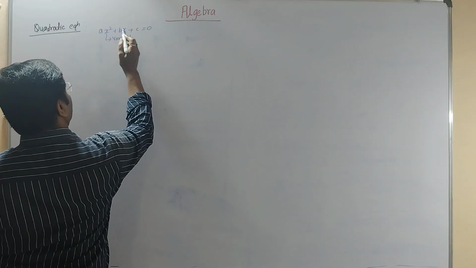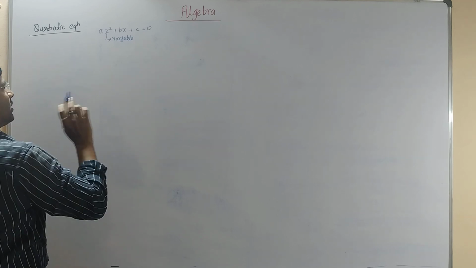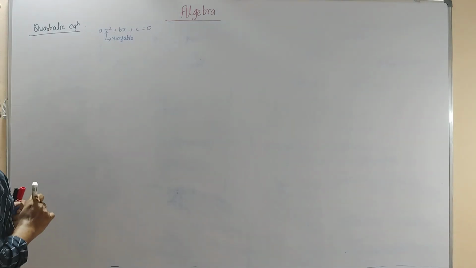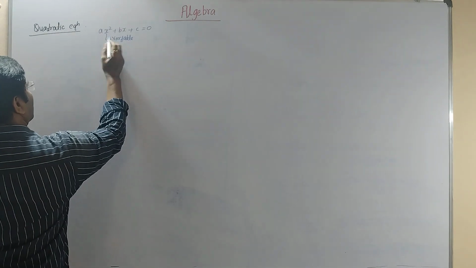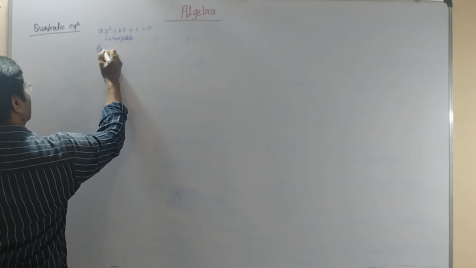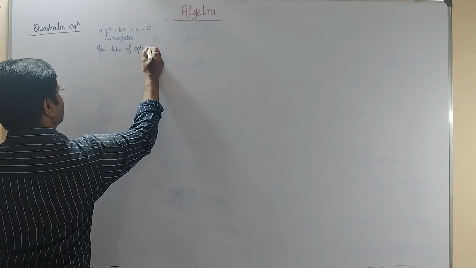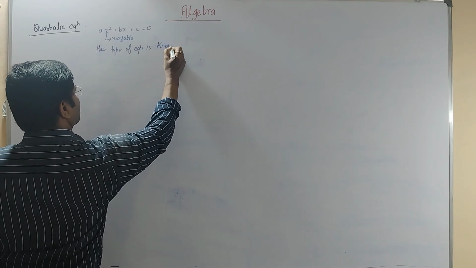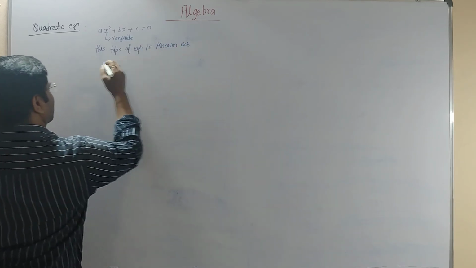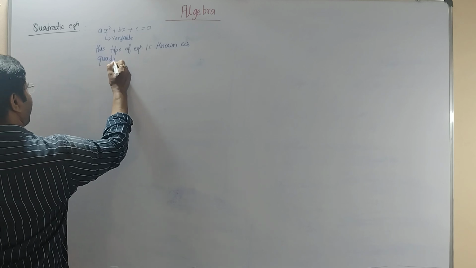So here x is a variable and the maximum power is 2.